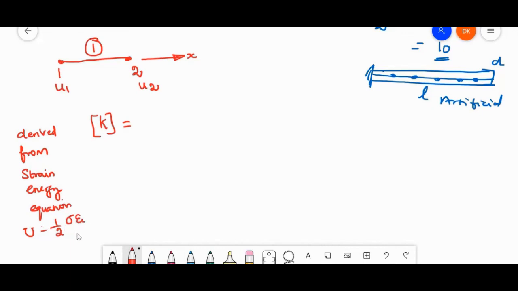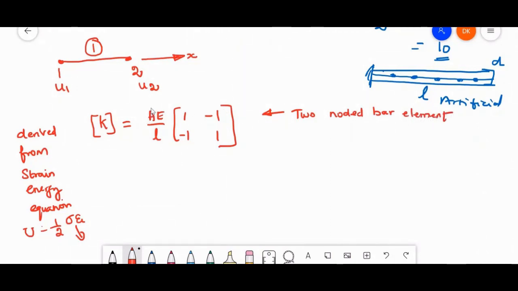We simplified it and then derived. So what is the stiffness matrix at the end of that derivation? AE divided by L, into [1, -1; -1, 1]. So this is the stiffness matrix for the two-noded bar element.